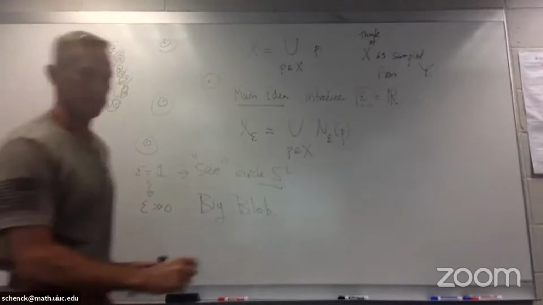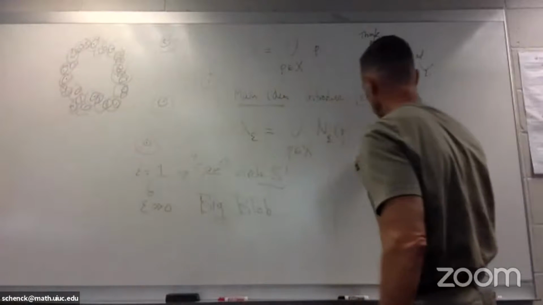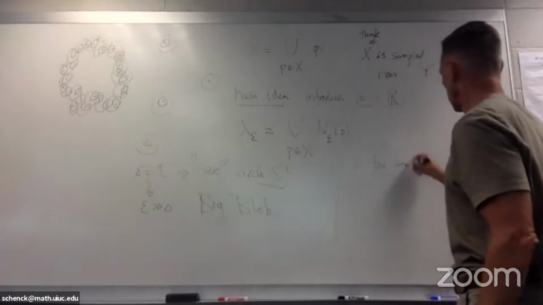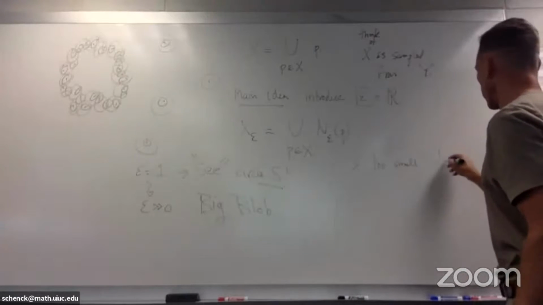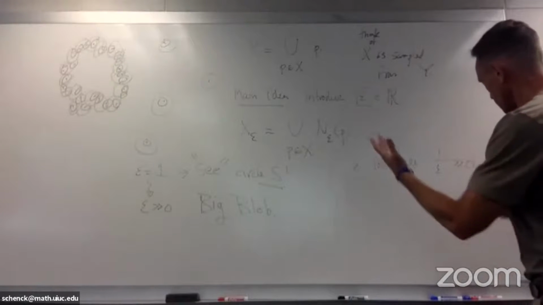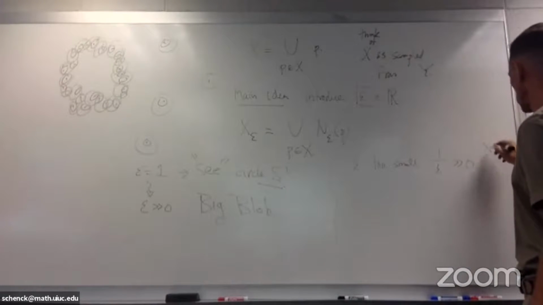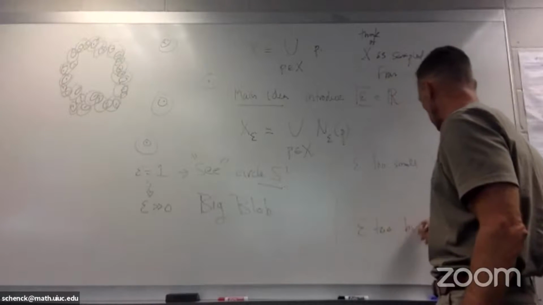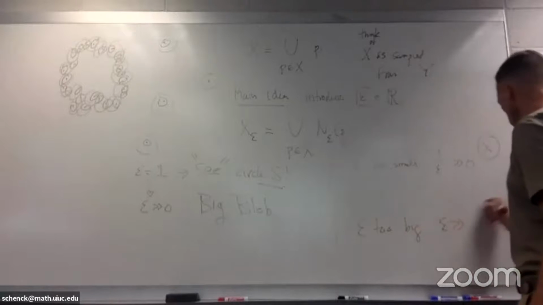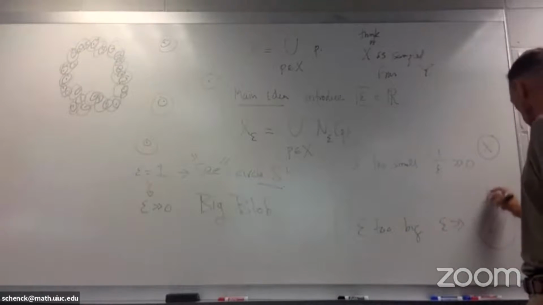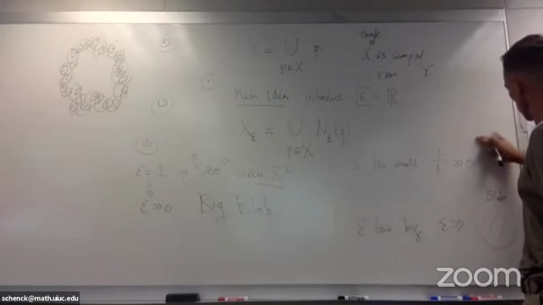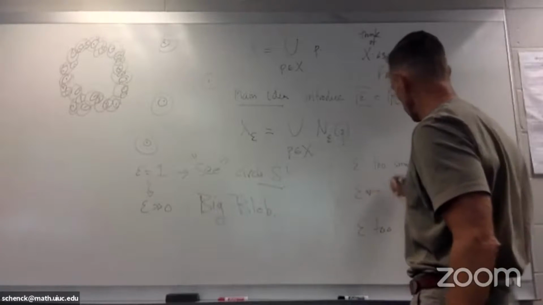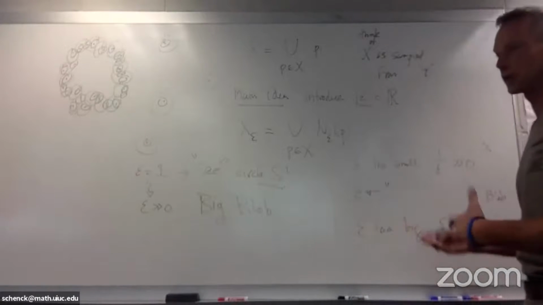So the idea here is that if epsilon is too small, say 1 over epsilon is big, we only see X. We don't see anything interesting. If epsilon is too big, then we just see a blob. So there are some happy intermediate values, which we call, in English, the Goldilocks zone.